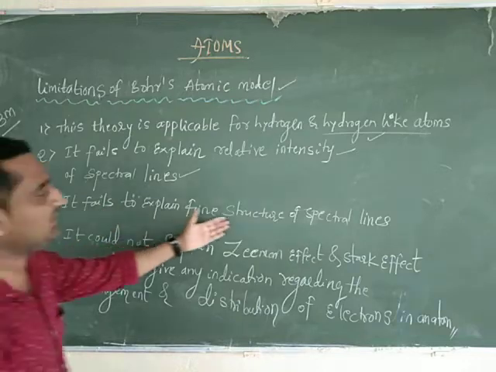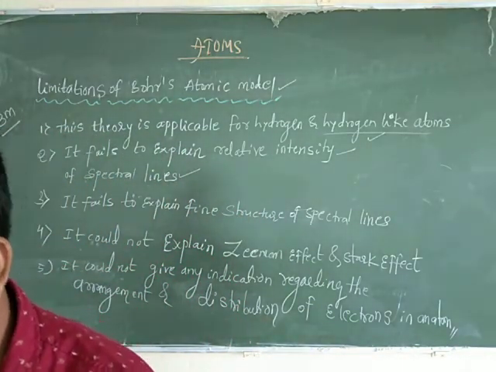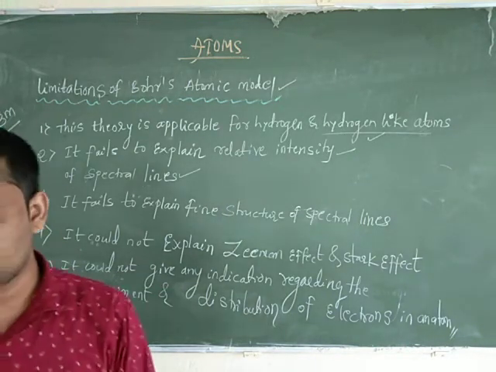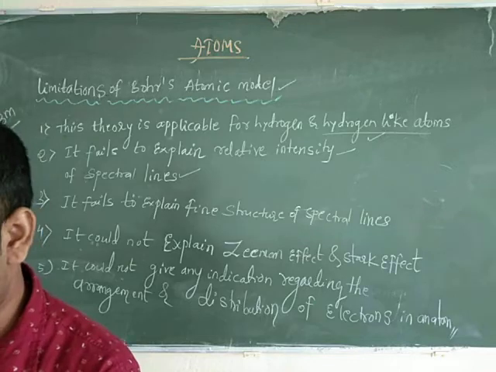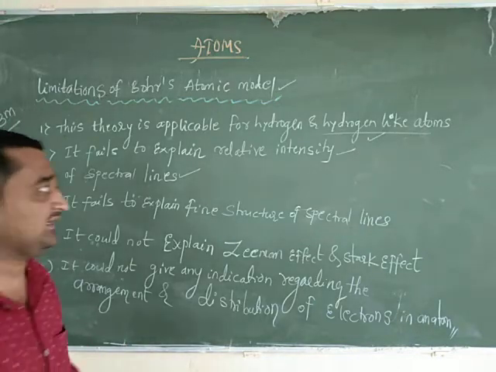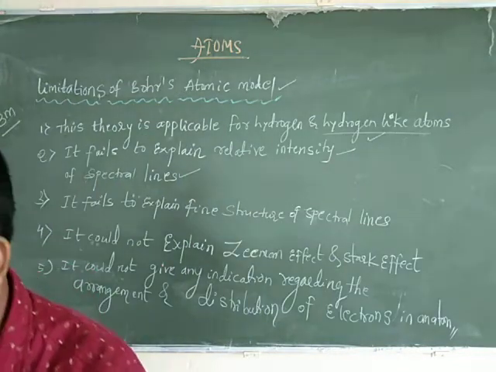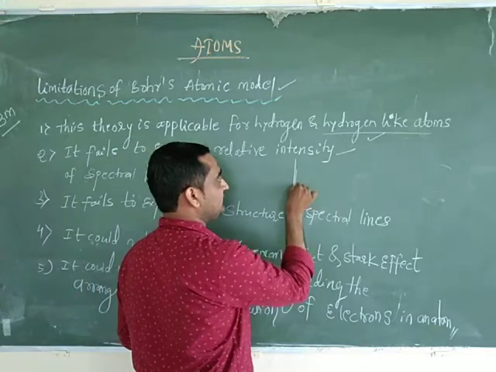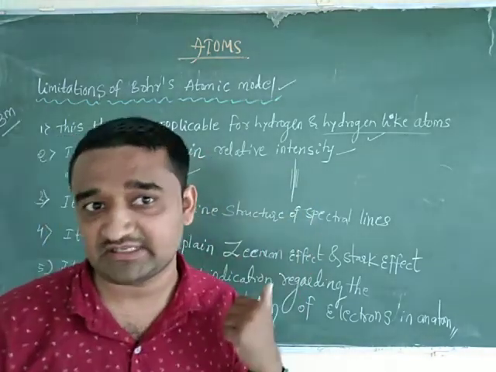It fails to explain the fine structure of spectral lines. What is meant by the fine structure of spectral lines here? When the spectral lines of the Lyman series are observed under a powerful microscope, what happens? It consists of closely spaced lines. So we called it a single line, but along with it there are closely spaced lines.